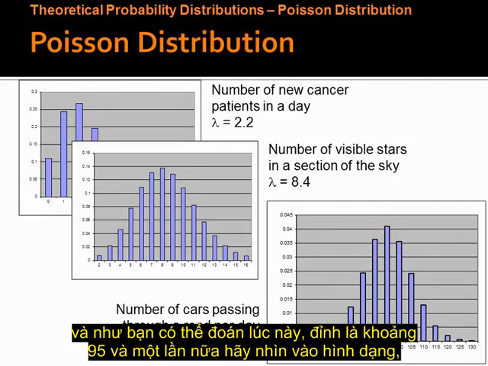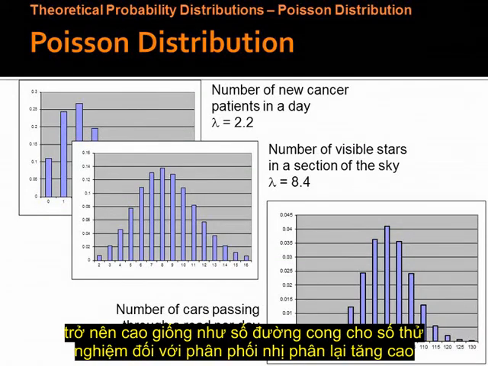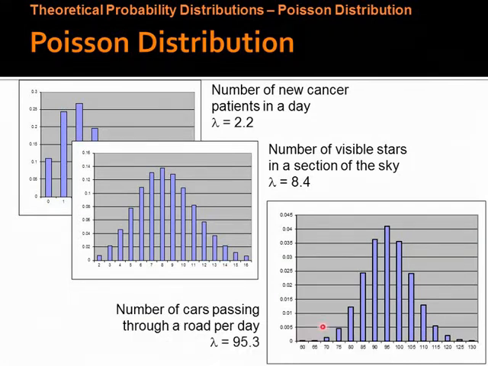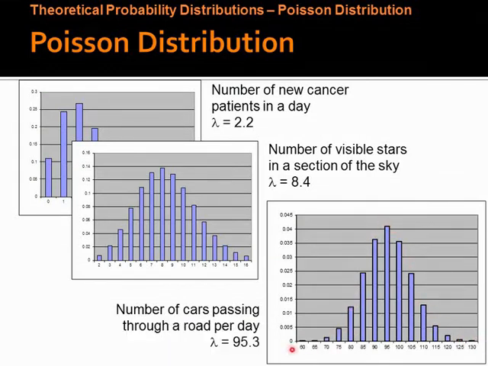And again, look at the shape that occurs when the mean, variance, number of occurrences becomes high, just like when the number of trials for the binomial distribution went high. Once again, you are seeing this similar bell-shaped curve. It's going to occur many times.